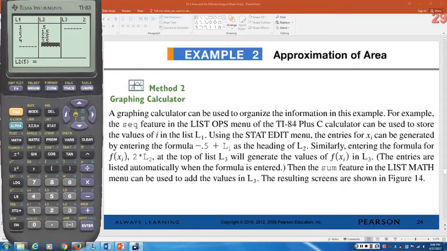And then in order to find, now this one, it actually is worth doing, because at this point, Y3 is going to be 2 times the numbers that are in list 2. I was going to say, because I just put it in there, number 9, and it did it for me.